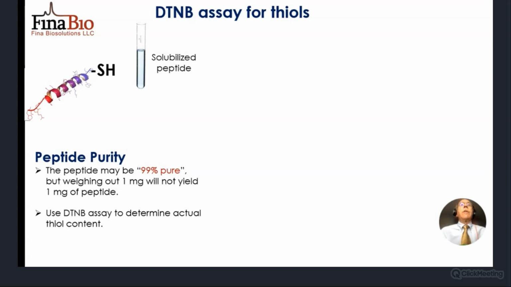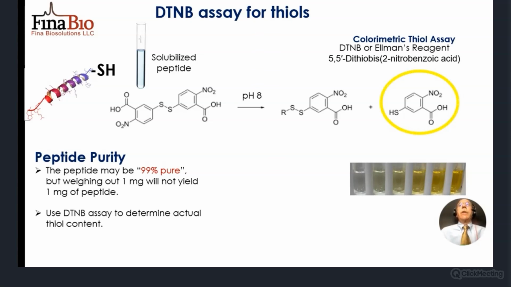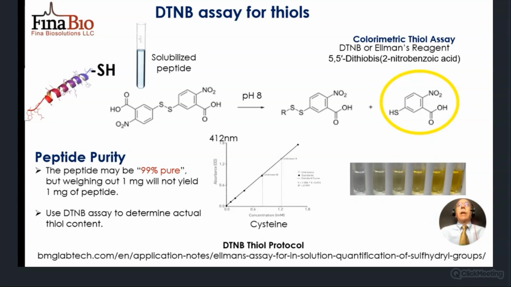So you've got your solubilized peptide. We use this colorimetric assay using the reagent DTNB, or Ellman's reagent. The reagent reacts with the free cysteine to give a yellow color, nice and visible. And you can use cysteine to create a standard curve.